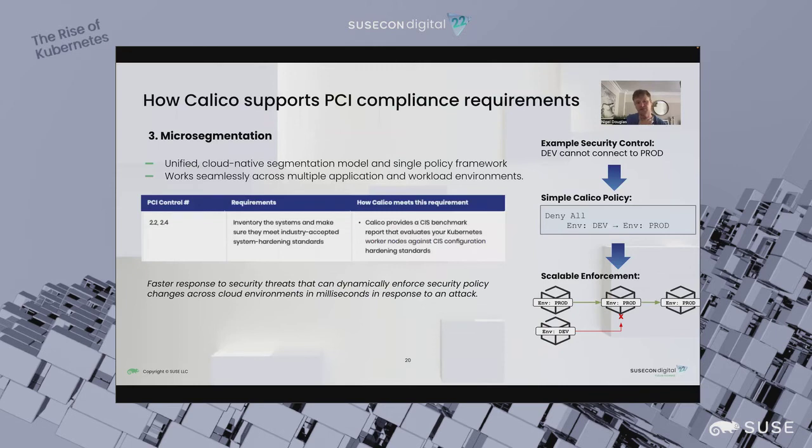The next part is 2.2 and 2.4. They mention that you need to meet an industry accepted system hardening standard. What we do, as I talked about with our compliance reports earlier, is link into a tool called Kubench, I believe, that generates CIS benchmarks.